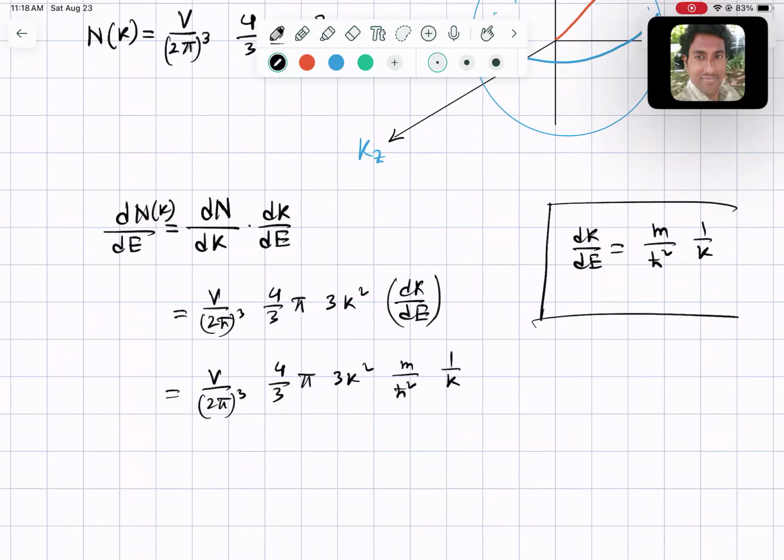Then finally we have the expression V over twice pi whole cube, and you see these three cancel out each other, and we have the k and k squared, so that cancels out the k. So the expression would be something like 4 pi m over h bar squared, h bar squared k, I think.